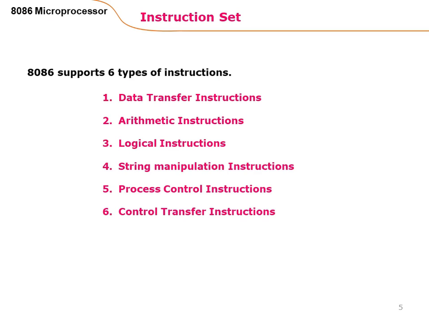Up till now we have discussed the first four instruction sets, up to string manipulation instructions. Today in this video we will discuss these two instruction sets, process control instructions and control transfer instructions. Along with this we are also going to discuss assembler directives.